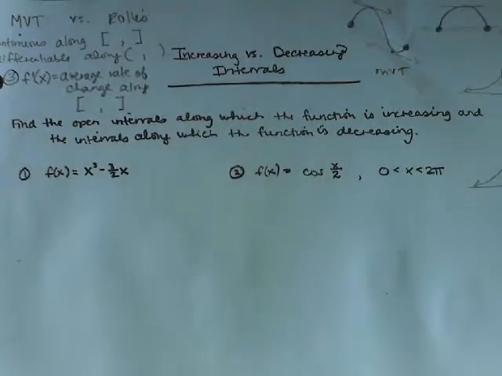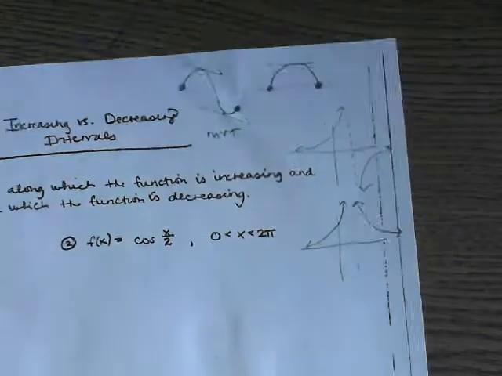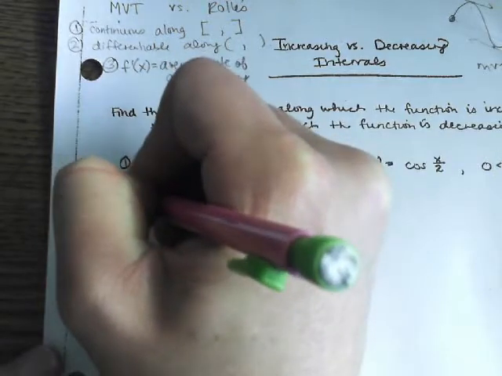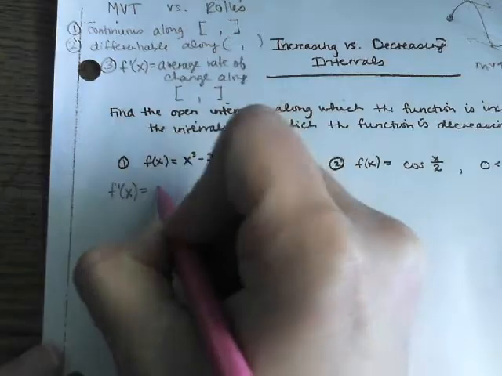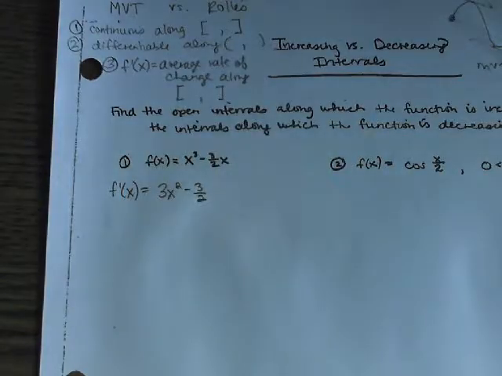So when we're trying to find these intervals along which it's increasing or decreasing, we really want to find the moments where the derivative is equal to 0 or undefined, in case we have a funny case there. So I'm going to take this derivative, which is 3x squared minus 3 halves, and I want to find where this is equal to 0 or where it's undefined.